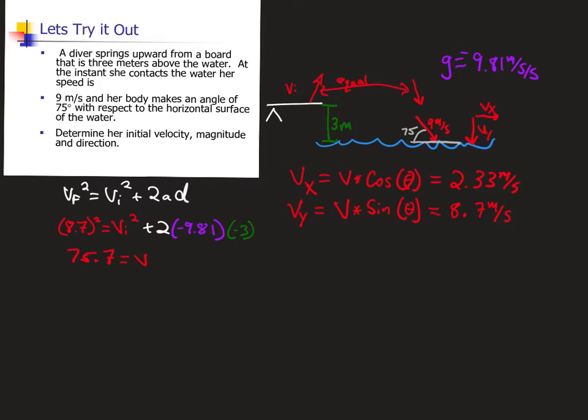That would be equal to v sub i squared plus 2 times negative 9.81 times negative 3, which gives us positive 58.986. We'll just round it to 58.9. We need to subtract 58.9 from both sides.